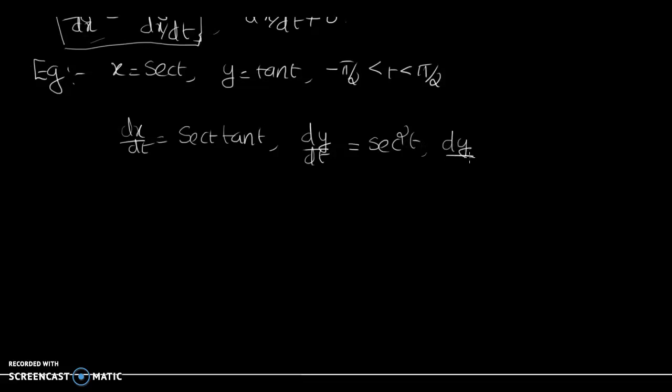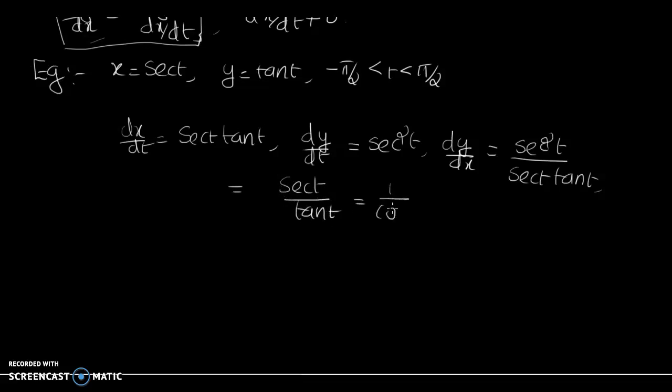Then dy by dx is equal to sec square t divided by sec t into tan t, which is sec t divided by tan t, which is 1 by cos t into cos t by sin t.